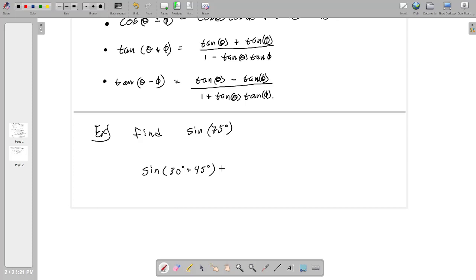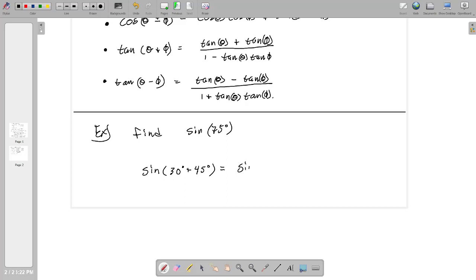Pretty straightforward. And then we use the addition sign. You could also do a subtraction angle, like sine of 135 degrees minus 60 degrees. That would also work as long as they sum to 75 degrees and both angles are on the unit circle, you should be fine. In this case, these two are on the unit circle, but I think this is the easiest way to break it up.